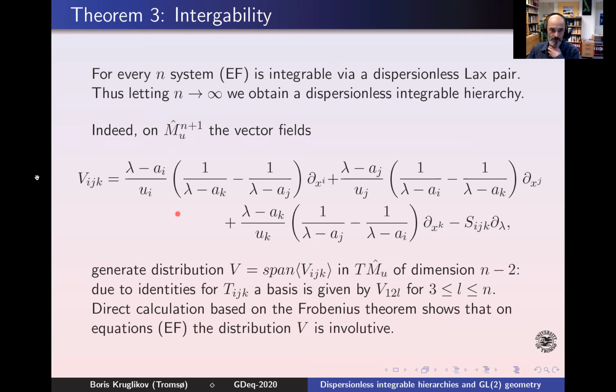Again, it seems that there are very many because they're parameterized by 3 indices. They're also polynomial in lambda, which is very important. Are they quadratic? Oh, sorry, I'm not sure they're quadratic; I forgot.